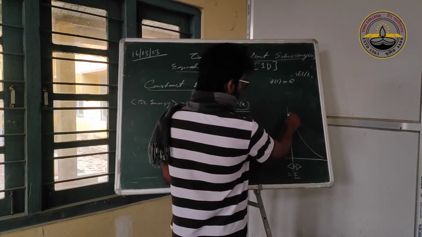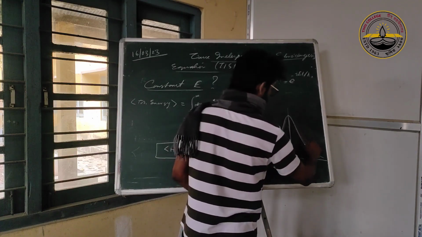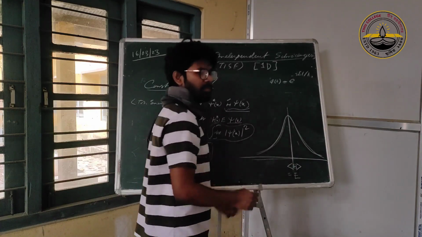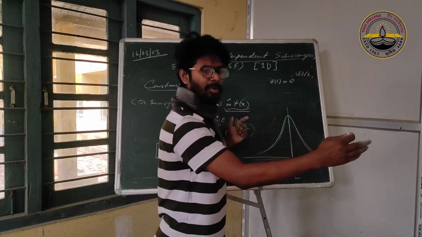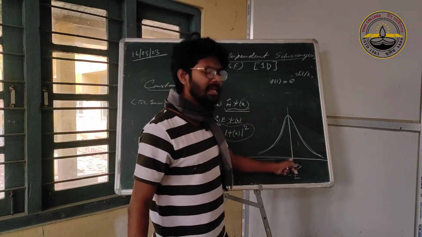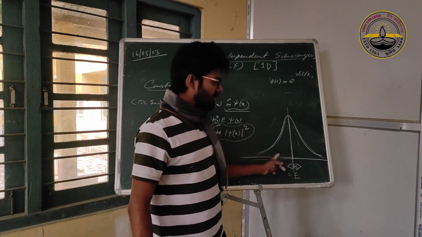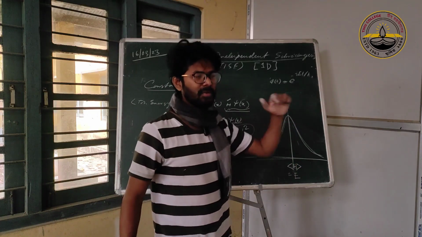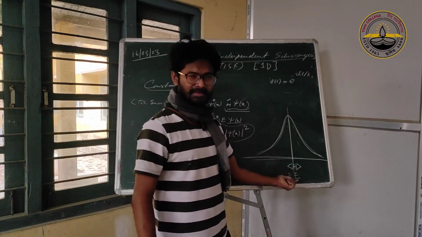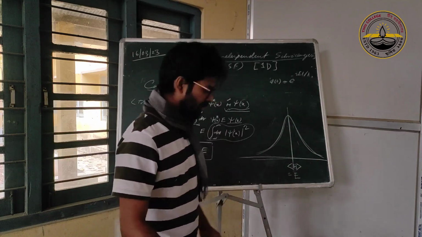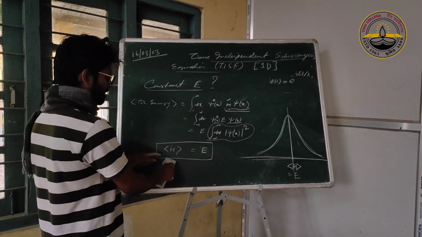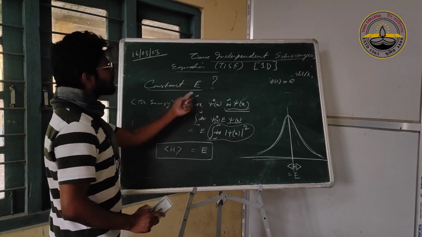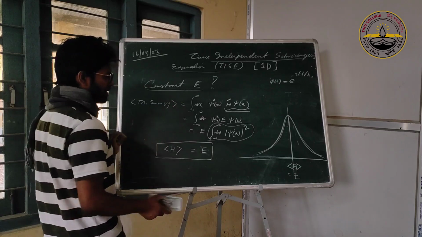It means this mean value is E. But there could be some variation. So if you measured on n number of boxes, sometimes you will find on this side, sometimes on that side. On the average, if you calculate the average for an infinite number of them, you will get E. Okay? That's fine. So we get the expectation value of energy to be E. What is E? That constant. We yet don't know what that E is.